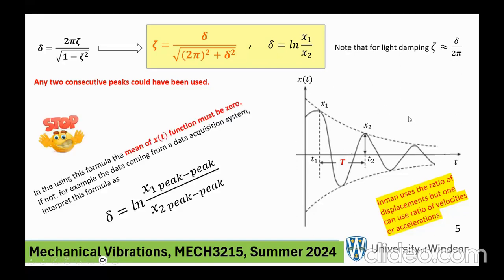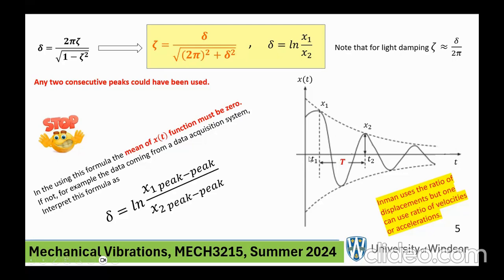Now, just one comment. Notice that in this particular problem, I am assuming that this decaying sinusoidal has an average of 0. Right there, you can see that.